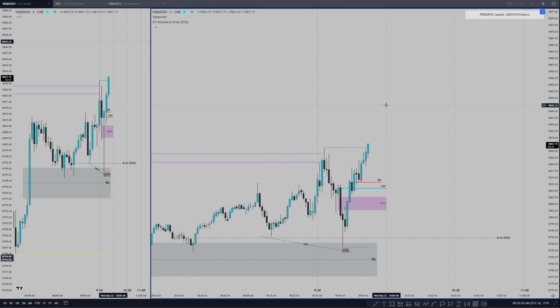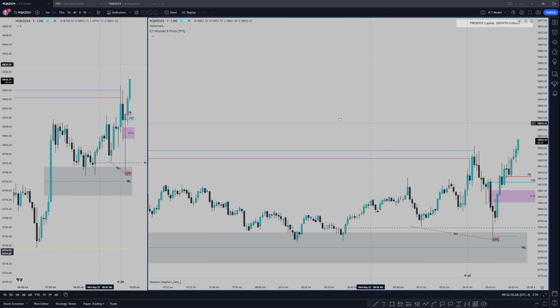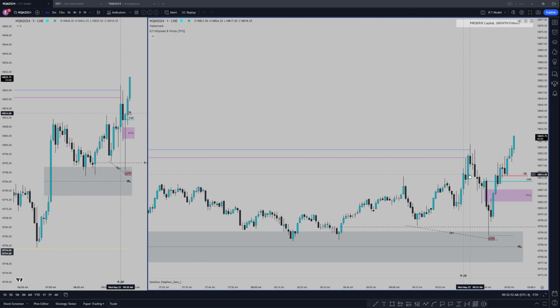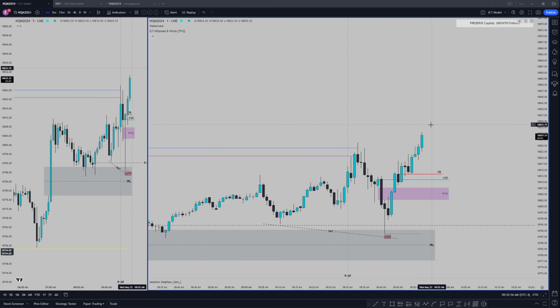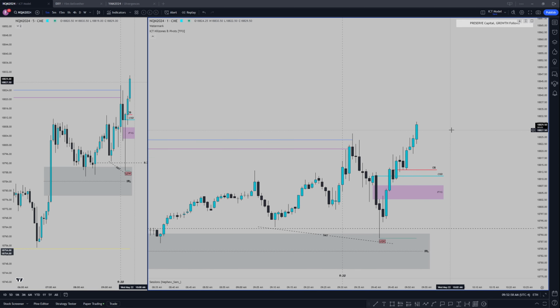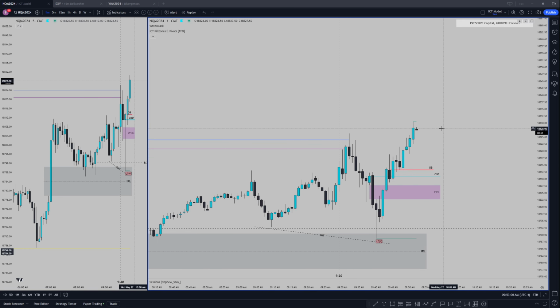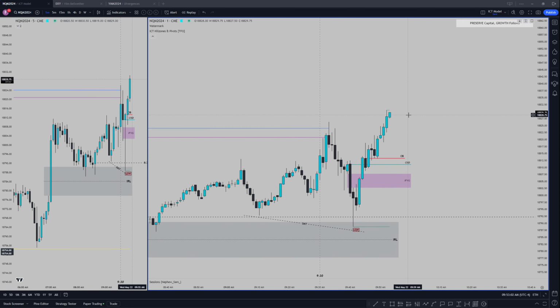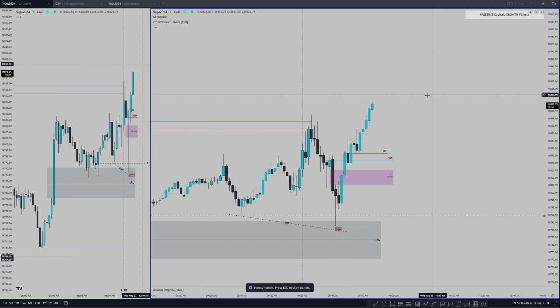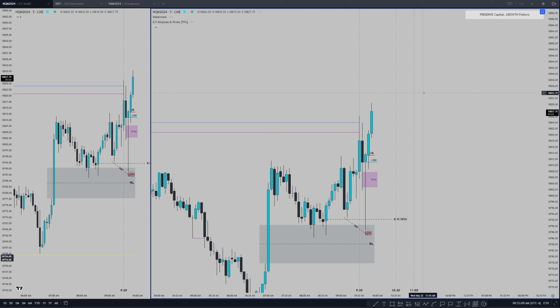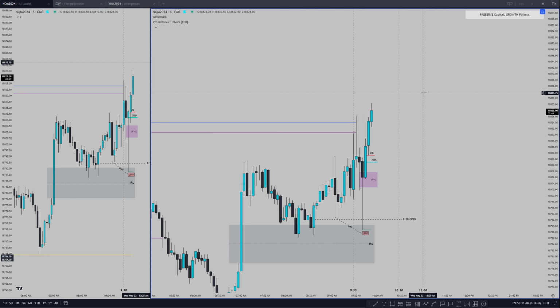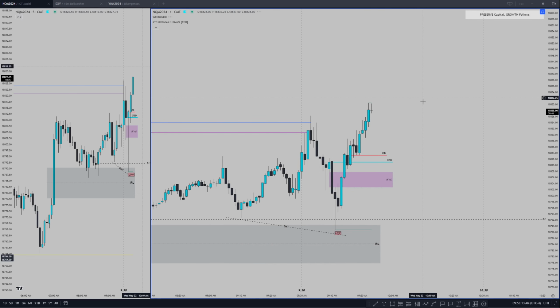Let me actually reload this. Oh, the sell. I didn't even see the sell. Do a 4-minute gap. Still nothing on the 1.